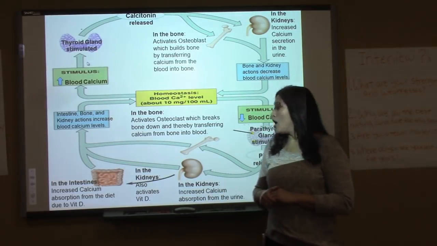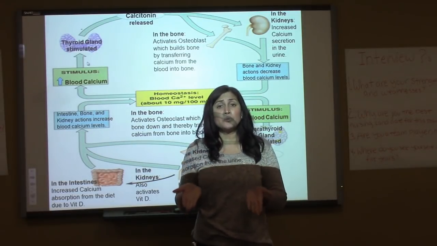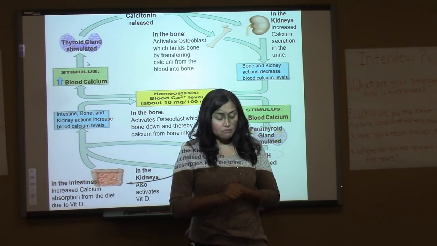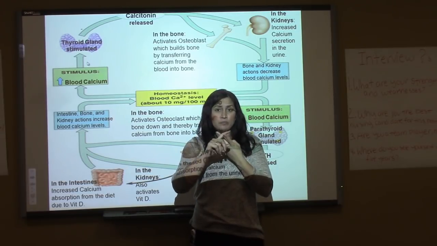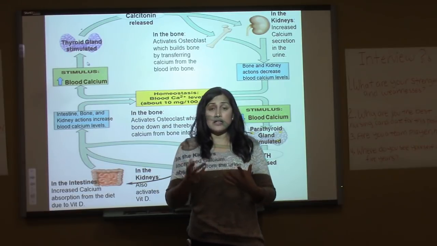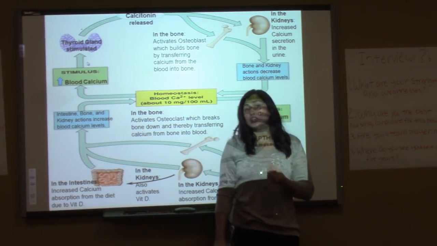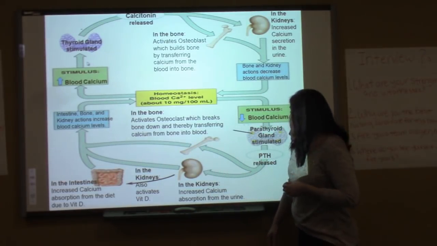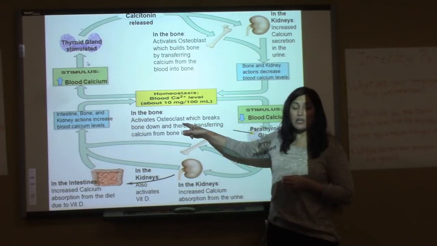Now let's see how parathyroid hormone works. The function of parathyroid hormone is to increase your blood calcium levels. Again, the two sites are the same. It works on the bone and it works on the kidneys. And as I said, they're opposites, right? So what does parathyroid hormone do in the bone? It goes to the bone and stimulates osteoclasts.